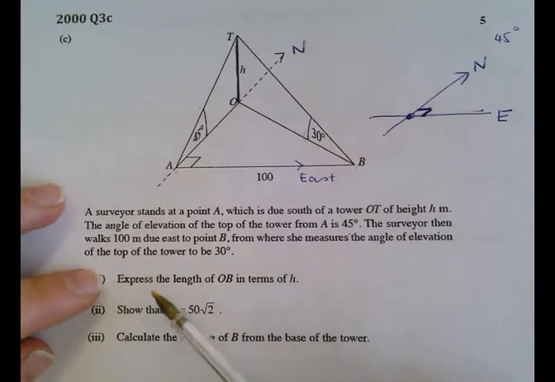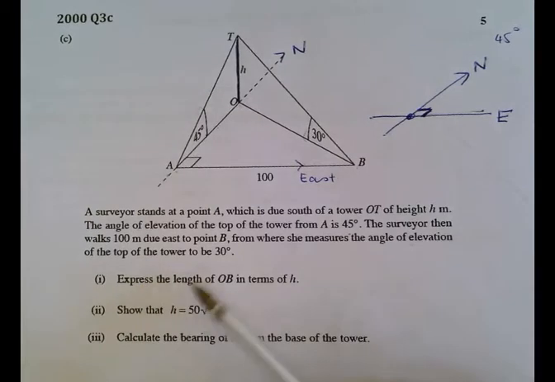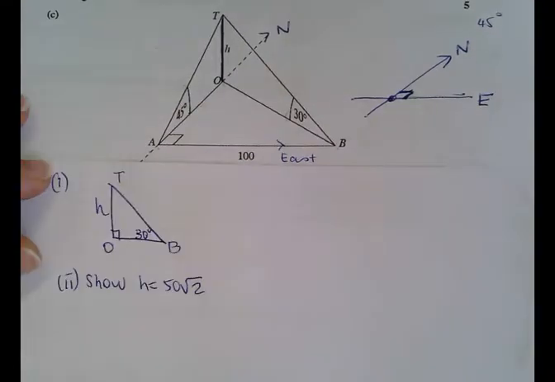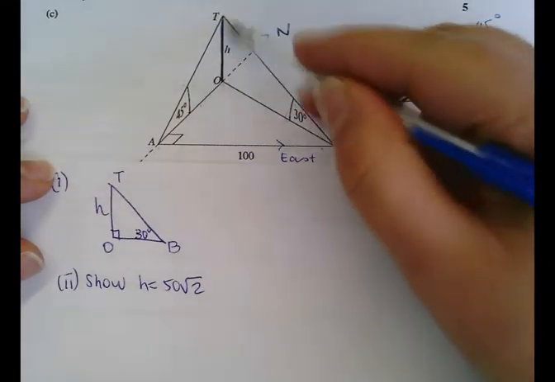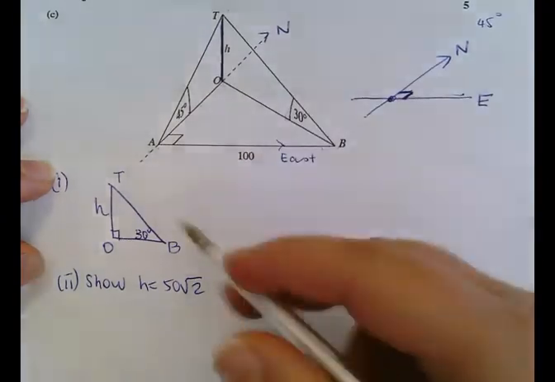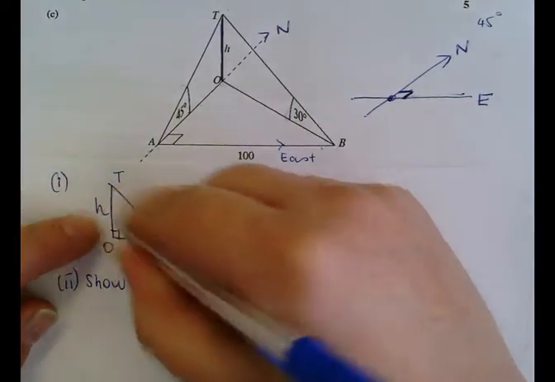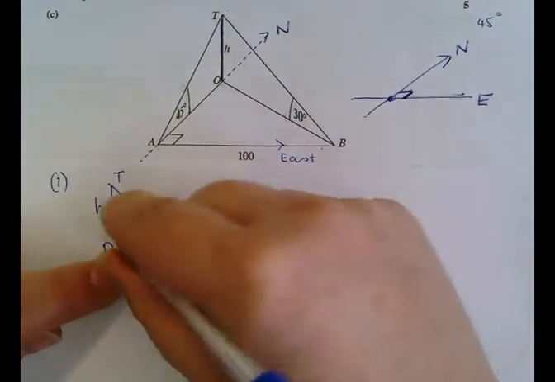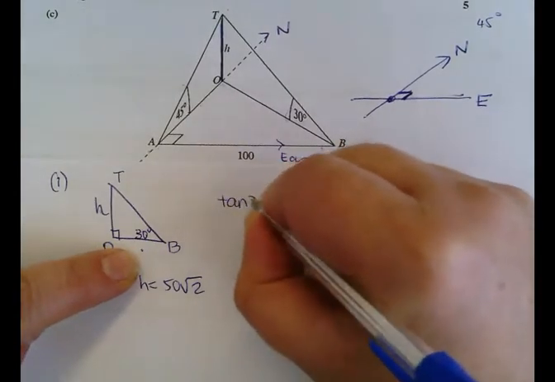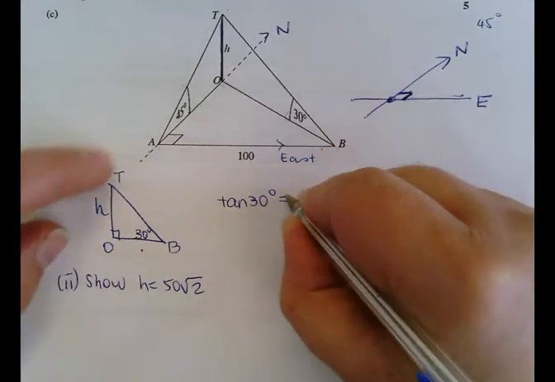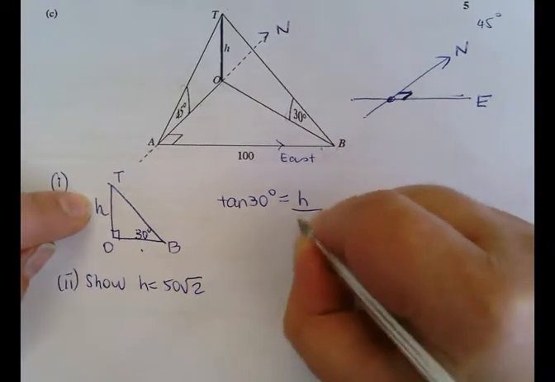Okay, now, first question is to express the length of OB in terms of H. So let's have a look at that. Draw that right angle triangle separately. It's your angle of elevation triangle. If I want OB and H, that's tan. Tan of 30 degrees is H over OB.